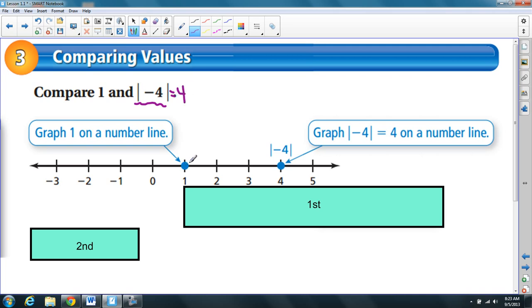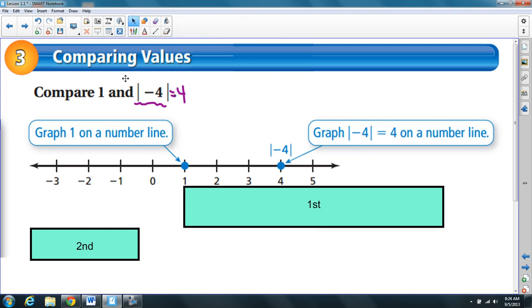And I hope all of you have just learned that it is 4. So we're going to go on the number line and notice on 4, we put the absolute value of negative 4 right over it because its distance, its value is worth 4. Okay? So the absolute value of negative 4, the solution to that is 4. So we're graphing its final answer.